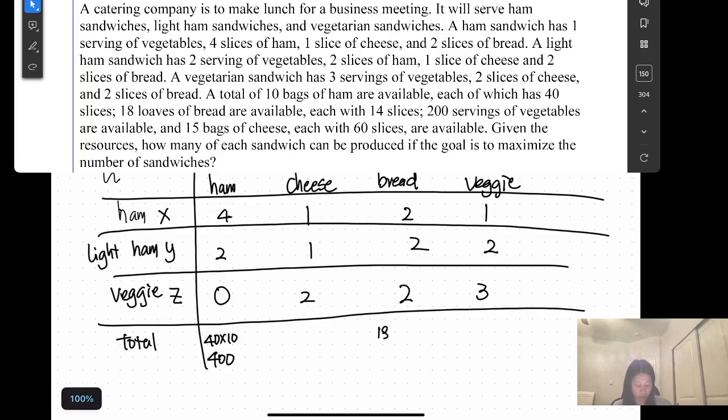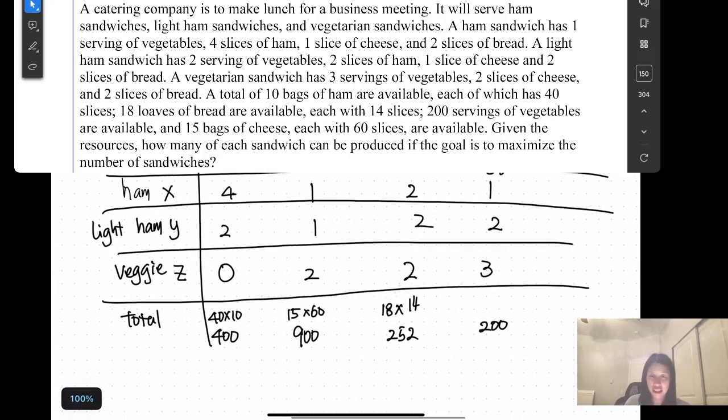So bread, we have 18 times 14, which is 252. And veggie is totally 200 servings of veggie, and cheese is 15 bags with 60 slices per bag, so the total is 900. So here's the setup of the questions.